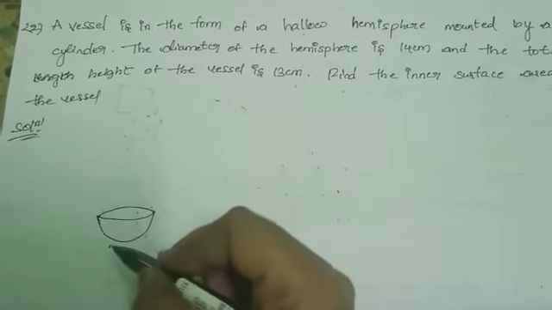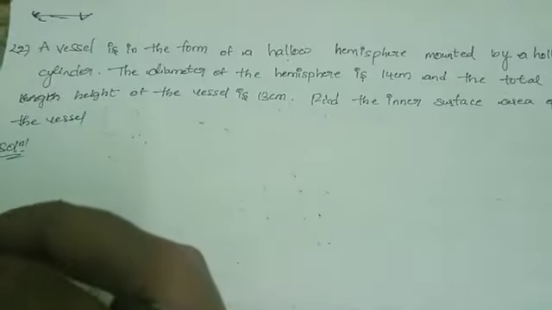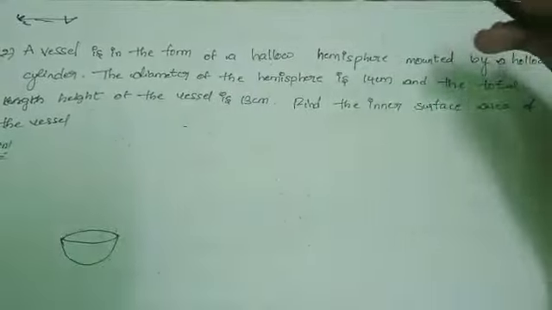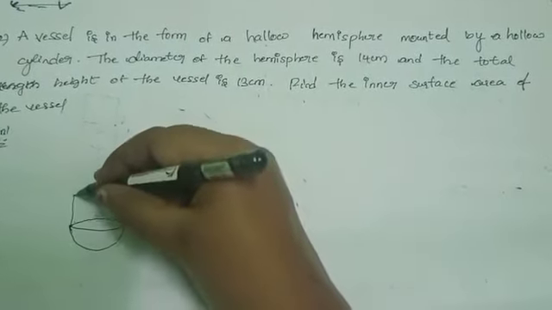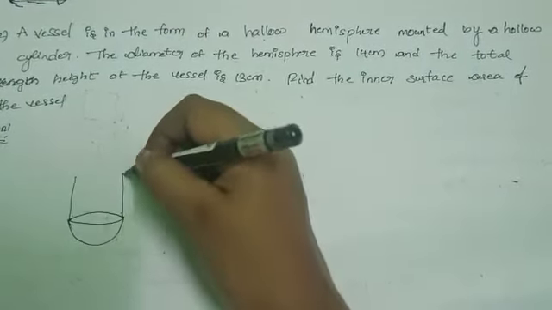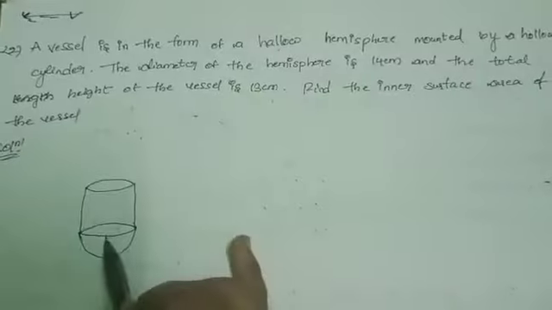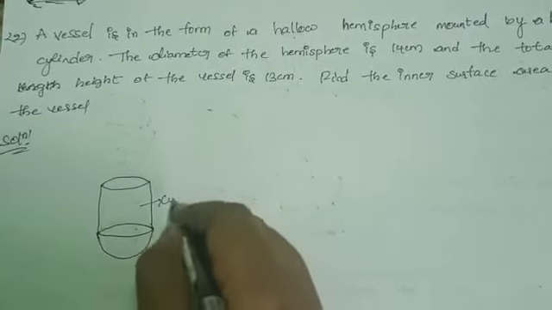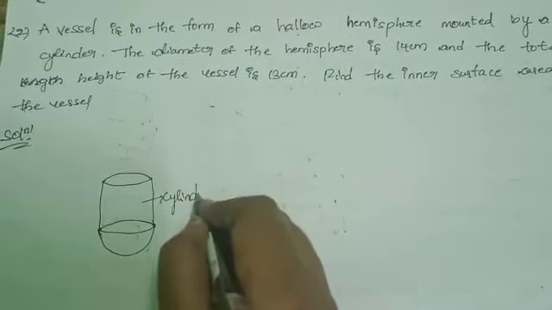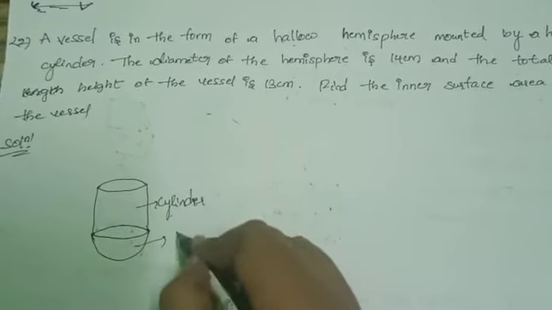Mounted by means below is hemisphere, above is cylinder. Above is empty cylinder. Both are empty. This is one vessel. This is a cylinder. Above part is cylinder. Below is hemisphere.